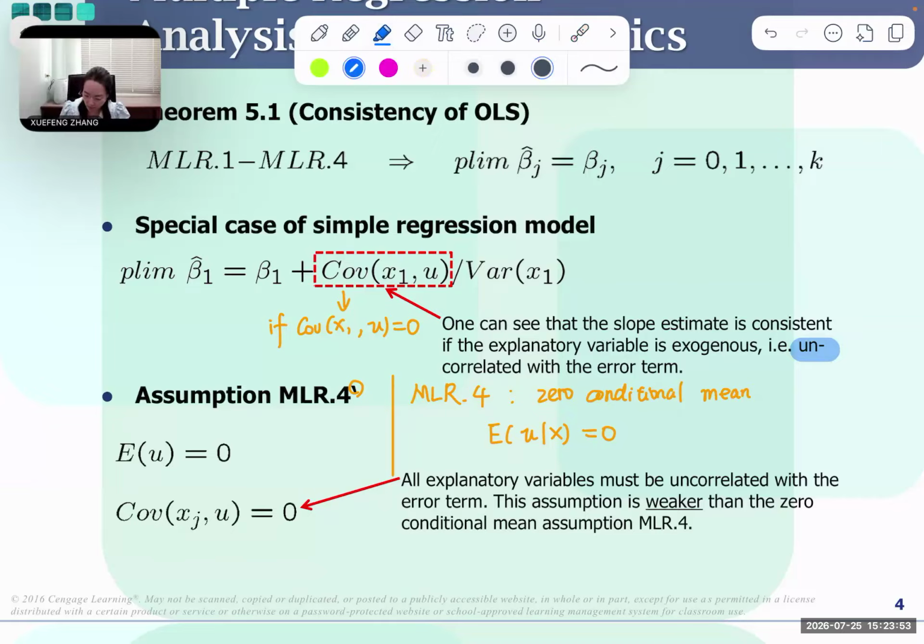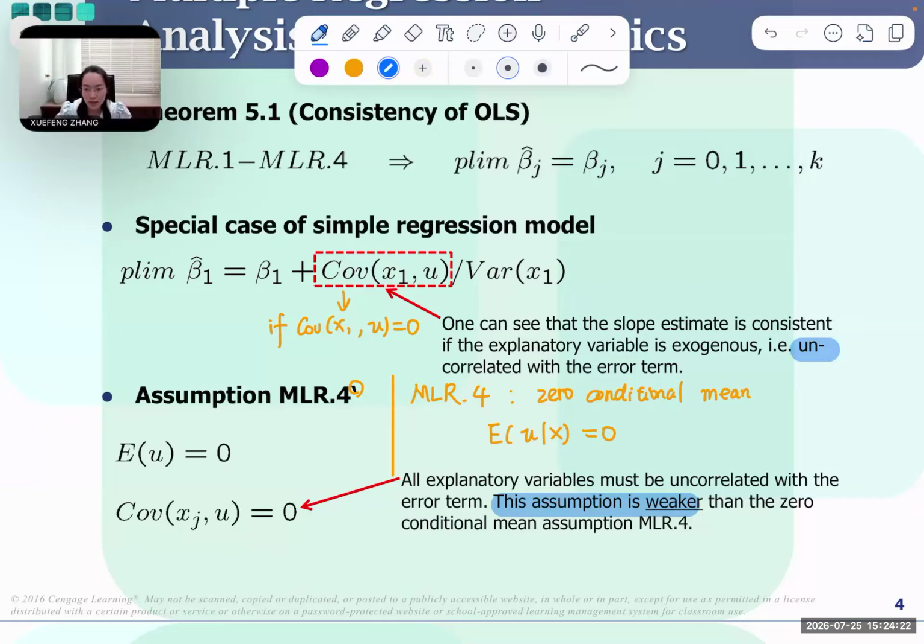So this is weaker, which means MLR 4 prime. Consistency only requires this weaker condition, which is zero correlation, not the full zero conditional mean assumption. Let me write it down.